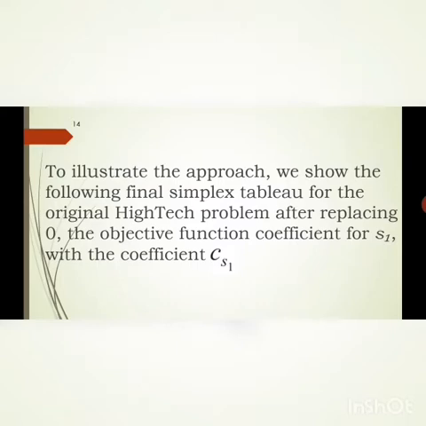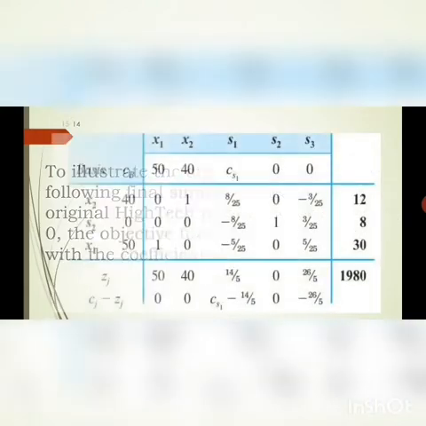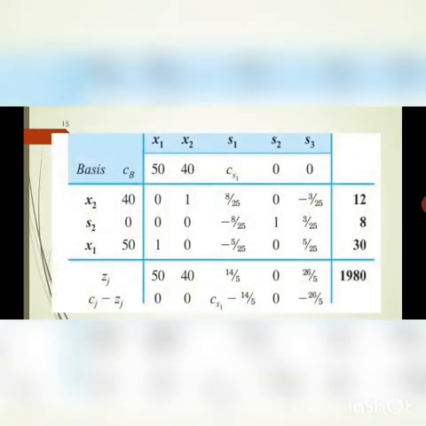The procedure that we use to compute c sub 1 can be used for any basic variable, while for a non-basic variable, it is easier because it causes only the corresponding c sub j less z sub j entry to change in the final simplex tableau. As you can see in our table, the only changes are in the s sub 1 column.